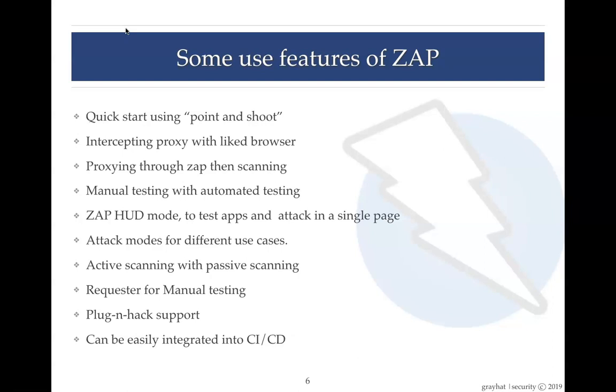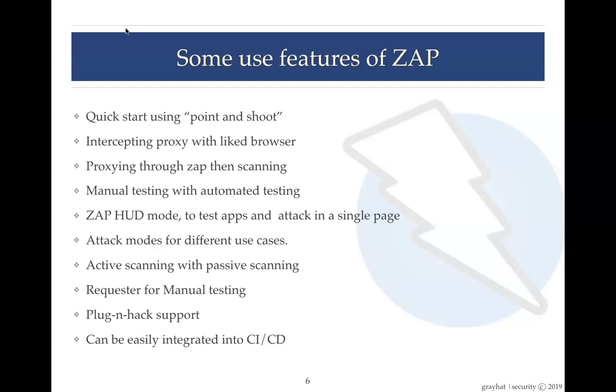And next is the attack modes for different use cases. There are 4 different attack modes that you can use in different cases. Like if you are going for penetration testing in the black box, white box, or gray box, then you can use them accordingly. If you are testing in the black box, then you can directly attack using the attack mode. Or if you are testing in the development environment, you can use safe mode, that will be on the safer side.